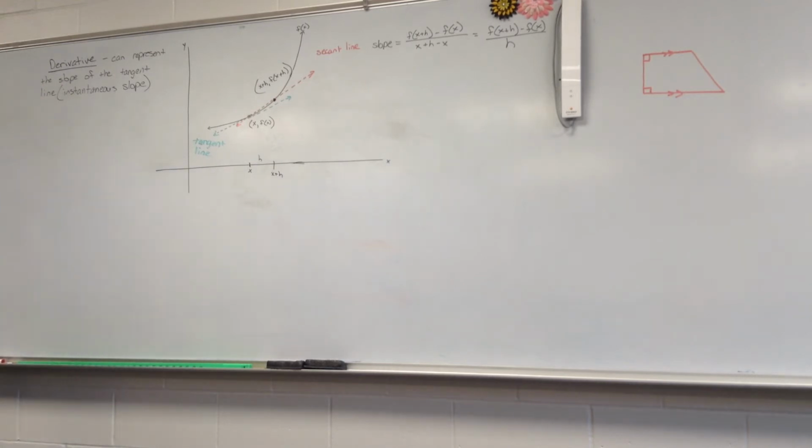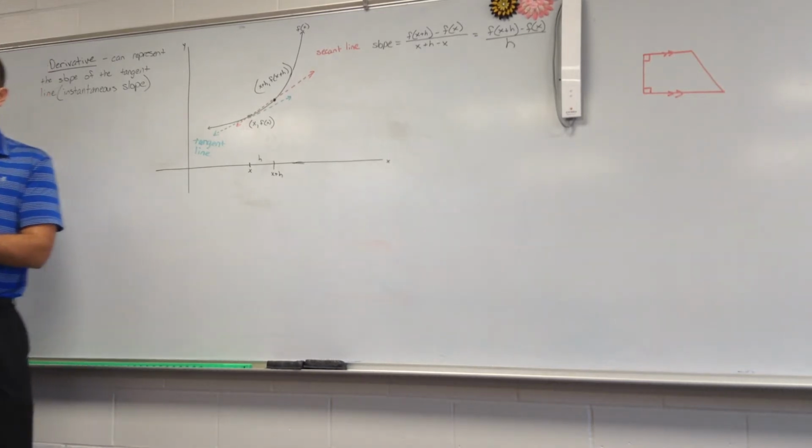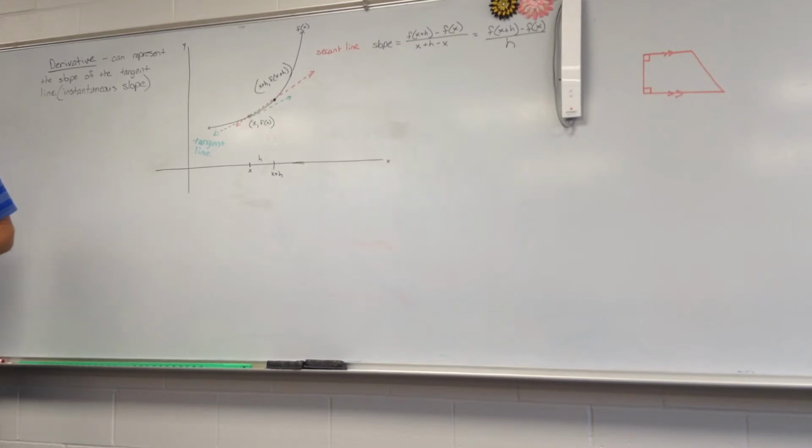The smaller we make h to many, many decimal places, the more accurate, and it will be accurate enough for what we're doing.